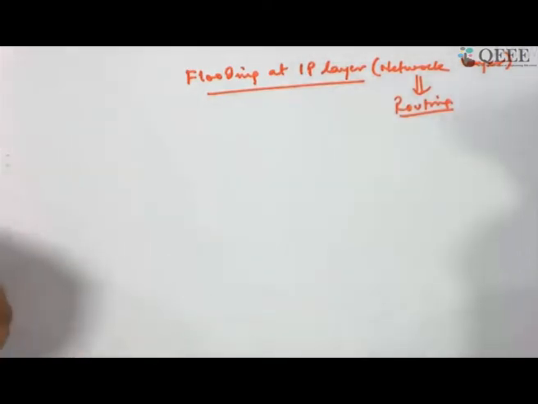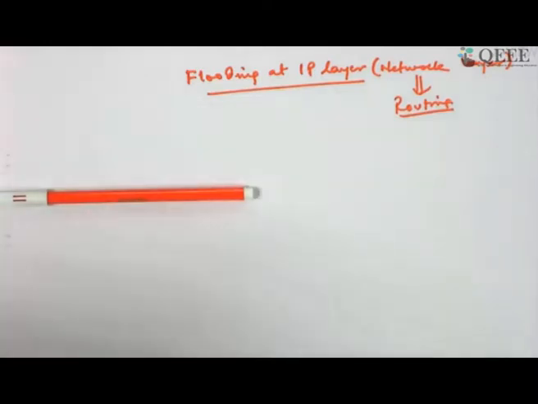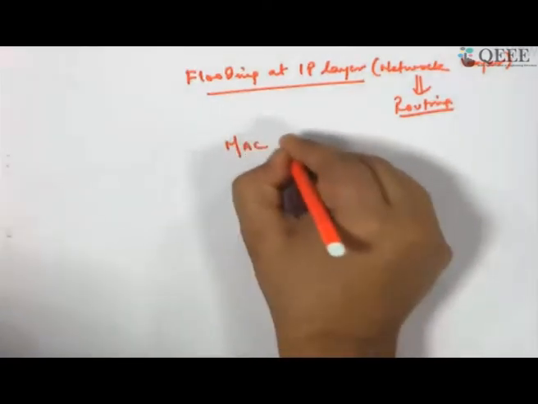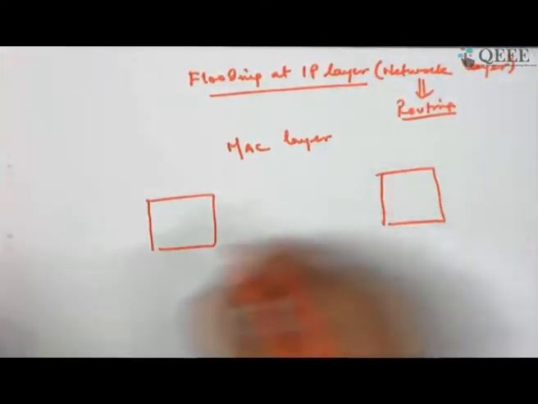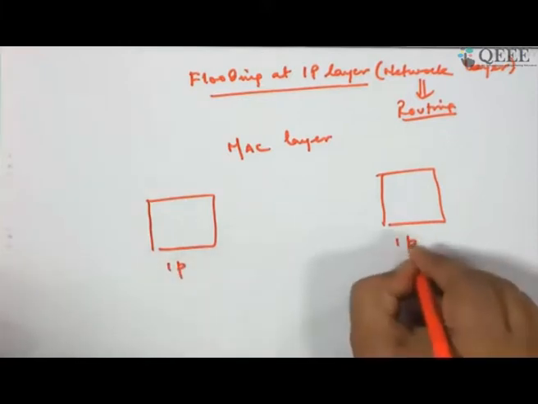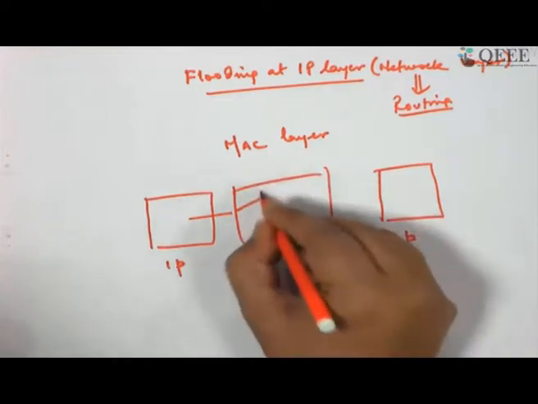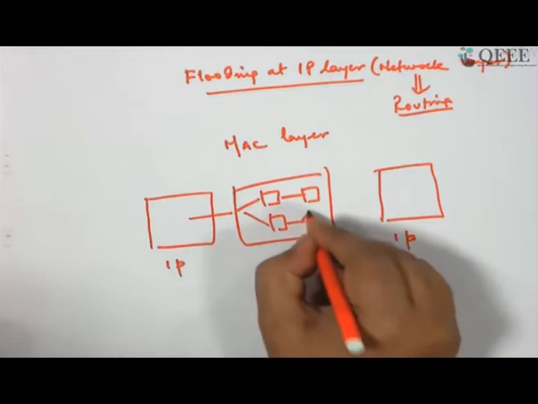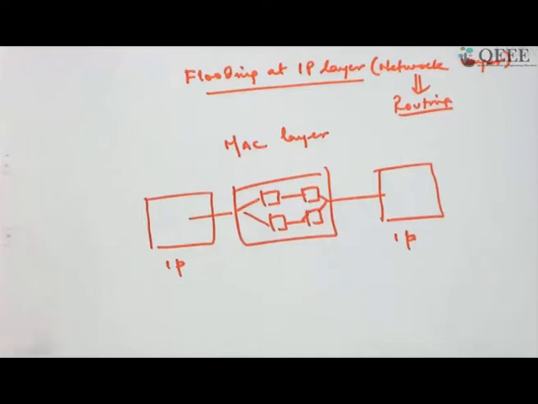But in which case will we surely need flooding? Specifically in the MAC layer. If you remember, I told that if two machines are IP neighbors, there may be a lot of layer 2 switches in between.